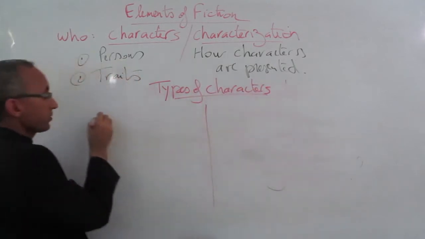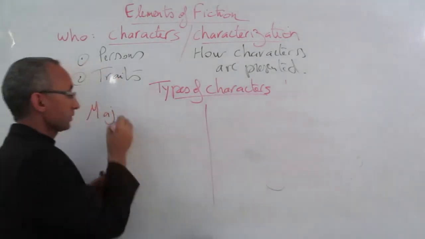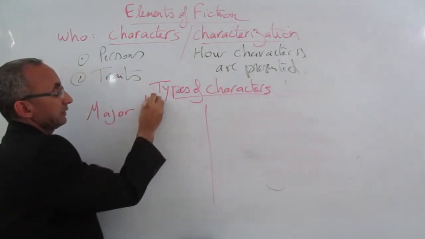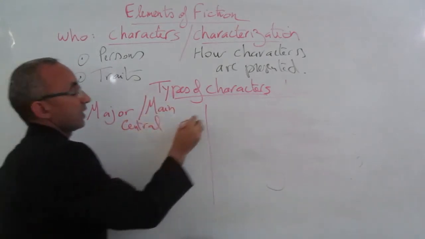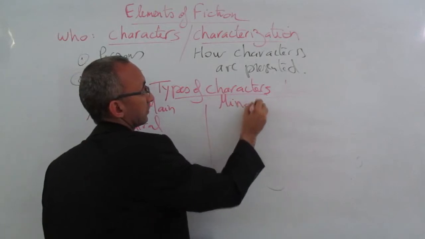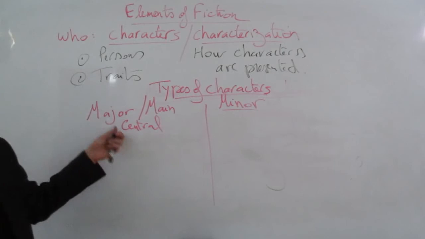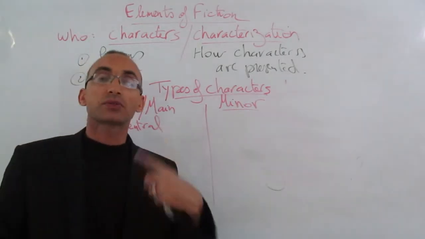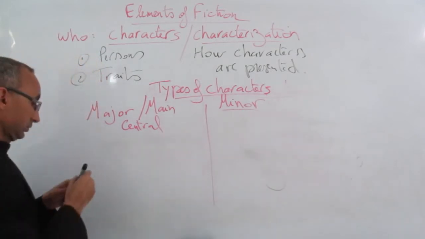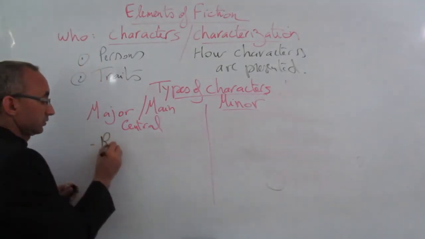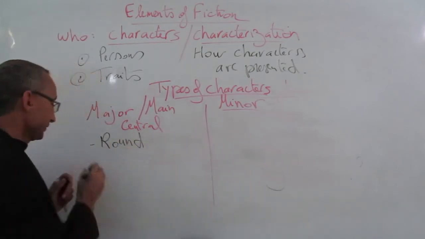We have what we call major characters, or main, or central, if you want to say, and we have minor characters. Now, for major characters, critics also use another term to describe them. They are called also round. And sometimes they call them dynamic.